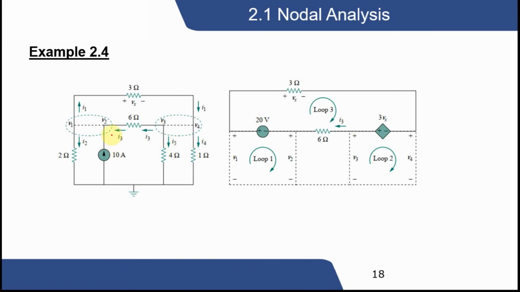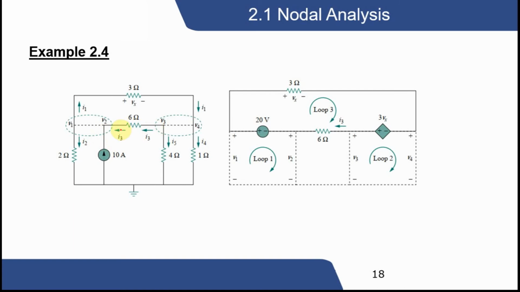We have the same question, which for the nodal analysis we have two nodes. At this node, the currents entering equal the currents leaving. The current entering is I3, the currents leaving are I2 and I1, and also 10 amperes entering here.